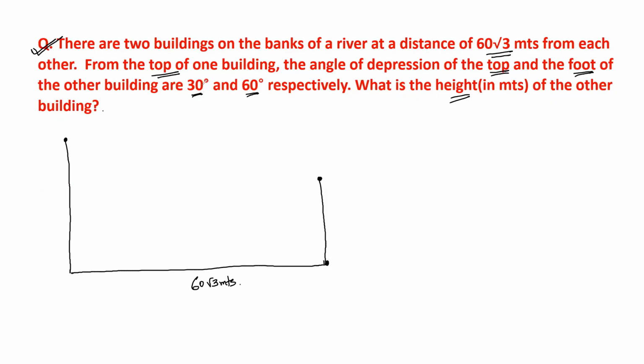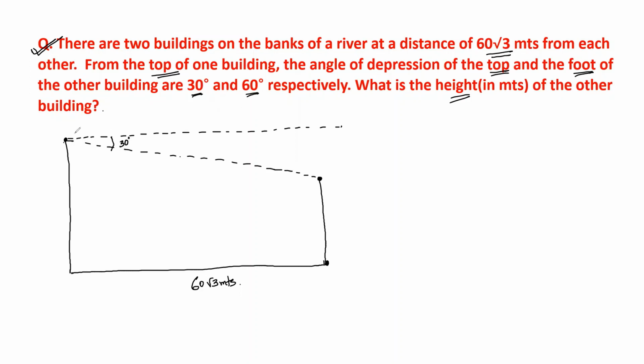In the question, it has been given that from the top of this building, the angle of depression of the top of this building is 30 degrees. So that means if we draw a horizontal line, something like this, and if we draw the line of sight to the top of this building, in that case, this angle would be 30 degrees.